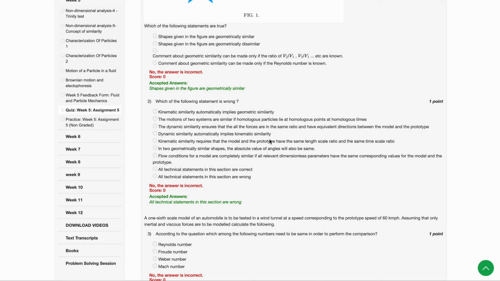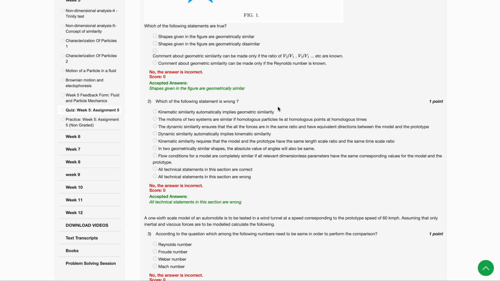Yes, if two problems are dynamically similar, they should be kinematically similar also. Kinematic similarity requires that the model and the prototype have the same length scale ratio and the same time scale ratio. Yes, the same length scale ratio and time scale ratio means the same velocity scale ratio. That is why they are kinematically similar.